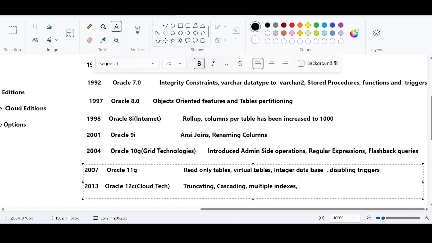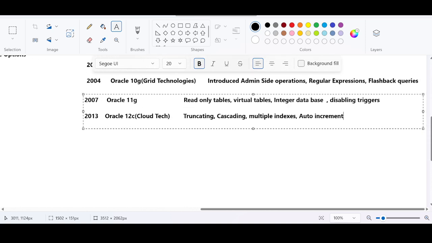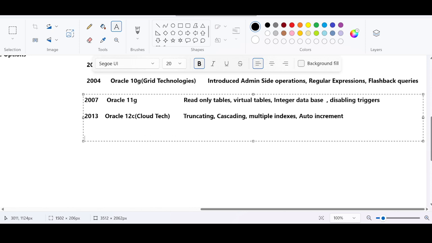A concept was introduced: auto increment for the primary key. Everything will be discussed in detail. Then there are Oracle 18c and Oracle 19c.